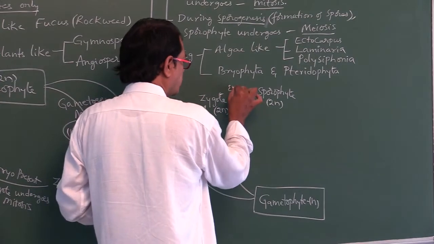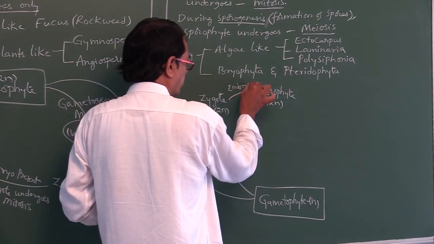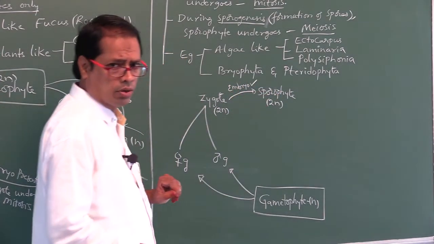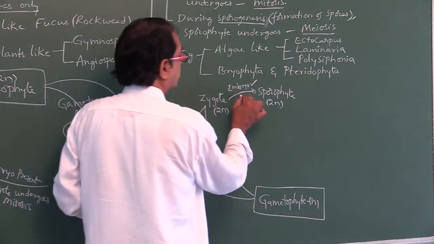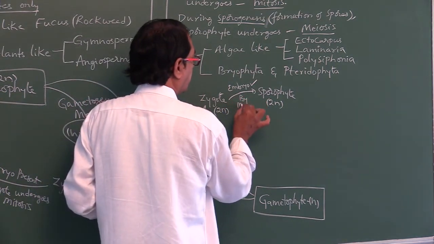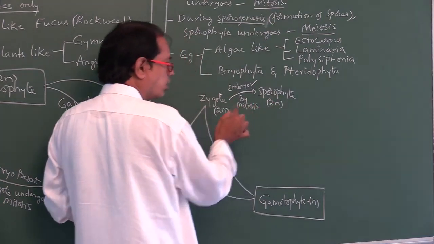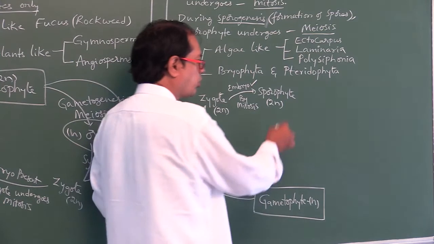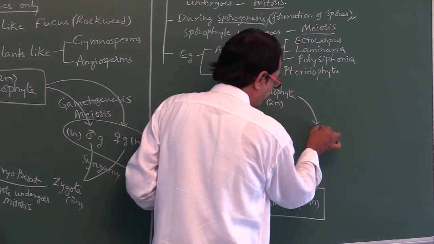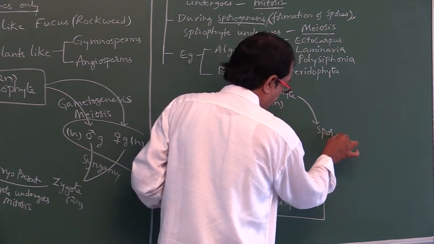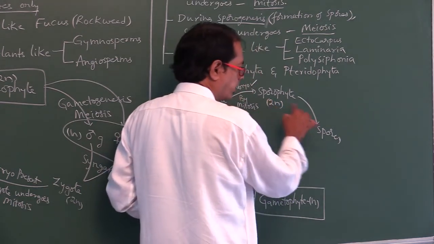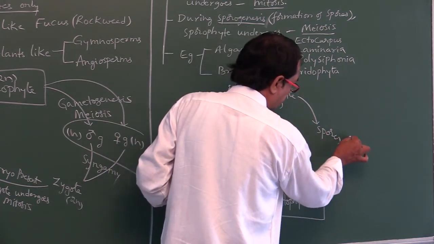Here embryo is present, understood. What type of division? 2n becomes 2n, mitosis. This sporophyte produces spores. Sporophyte 2n. Spores ploidy means n.